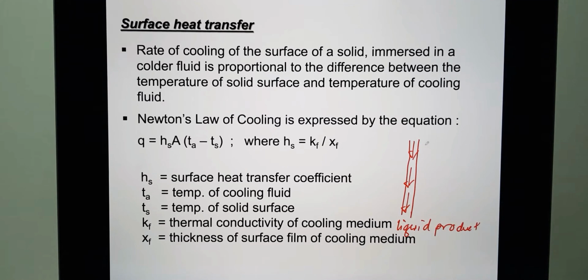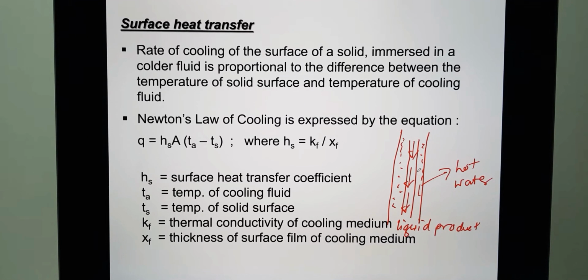Okay, and then there's another tubing outside. This one is the cooling water or hot water. For example, this one is hot water, because we want to have a heating process for the liquid product. So what does it mean, the difference between the temperature of the solid surface and the temperature of the cooling fluid?